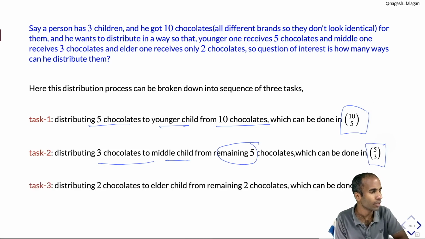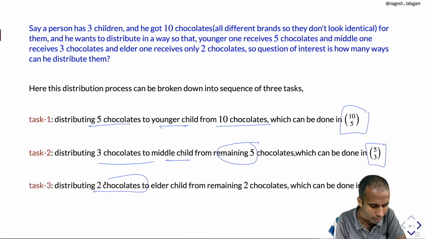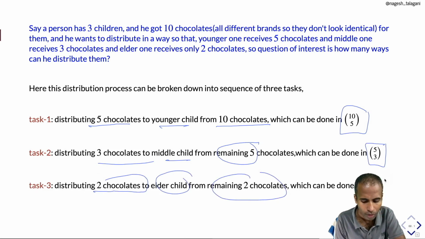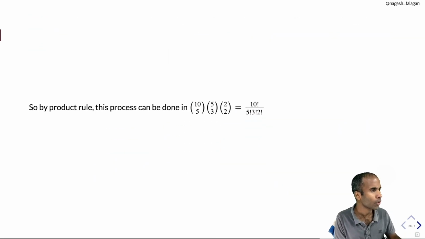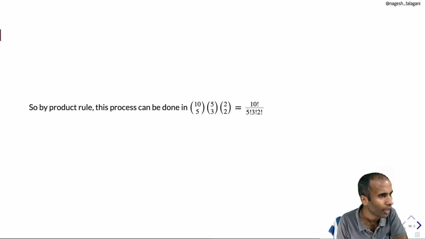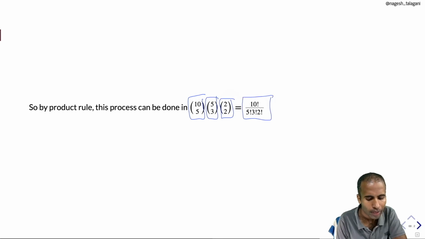Task 3 is distributing 2 chocolates to the elder child from the remaining 2 chocolates, which can be done in 2 choose 2 ways. So by the product rule, this process can be done in 10 choose 5 times 5 choose 3 times 2 choose 2 ways, which simplifies to 10 factorial by 5 factorial, 3 factorial, 2 factorial.